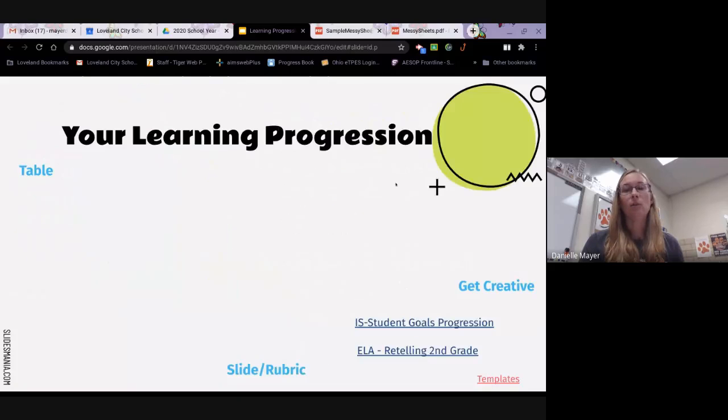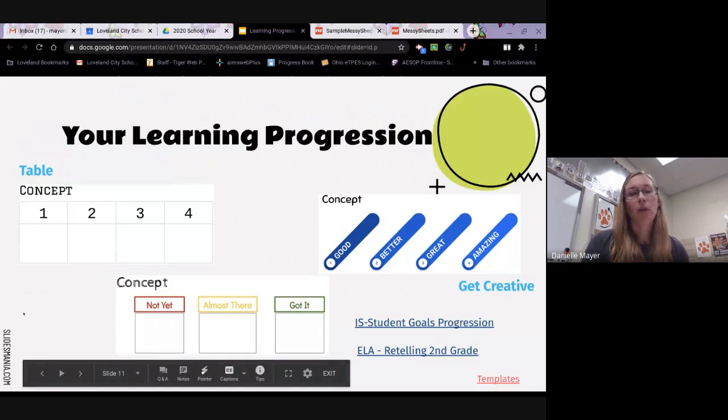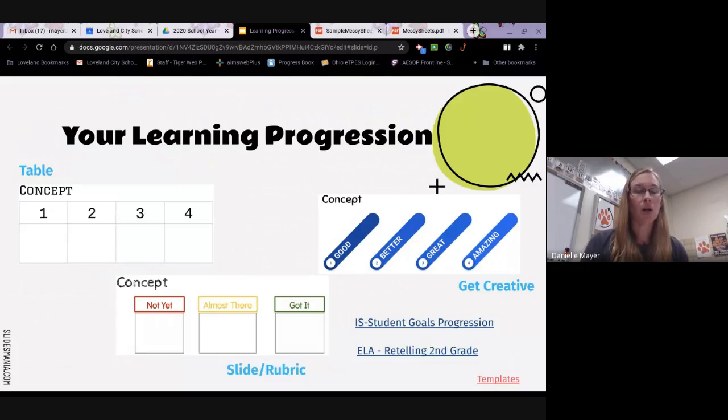So what I did is I went ahead and have several templates, right? You can click on the picture and it will take you to the template that you can use. Or I mean the bottom right corner, I'm sorry, where the red templates word is, and those are where the templates are. So you can do a table with point values. You can do a slide or a rubric, sort of like mine was.